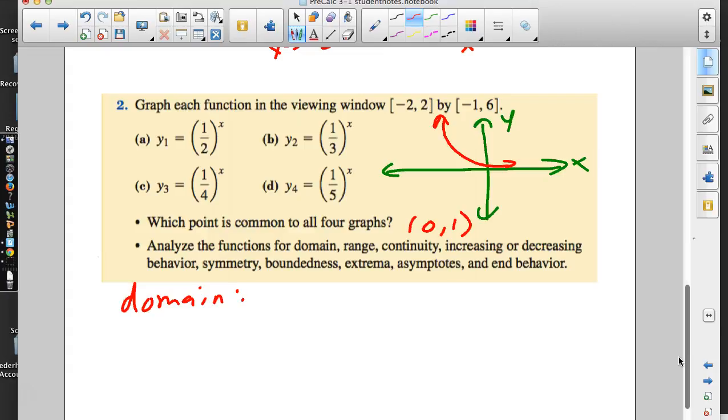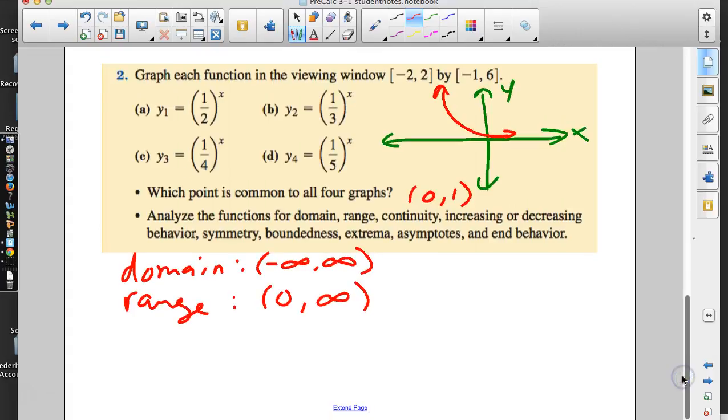Domain, what do we put? No bad x's. Range. Zeros are cut off again. Yeah, do we include 0? No. Again, it's that theoretically it would never quite reach 0.